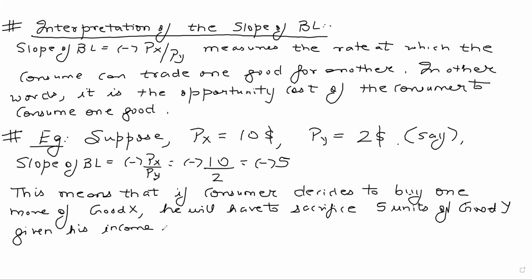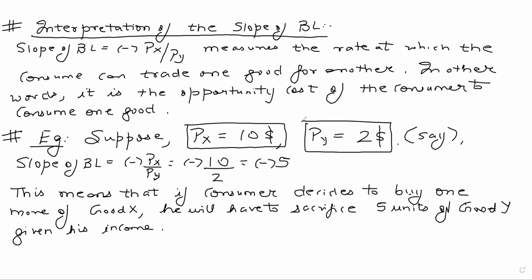So you can clearly see, guys, good X costs $10, good Y costs $2. So suppose I have $10 in my pocket. If I plan to buy 1 unit of good X, how many units of good Y am I giving up?